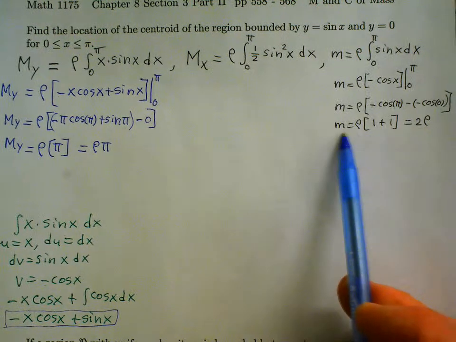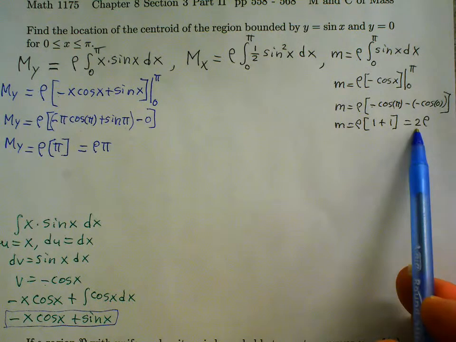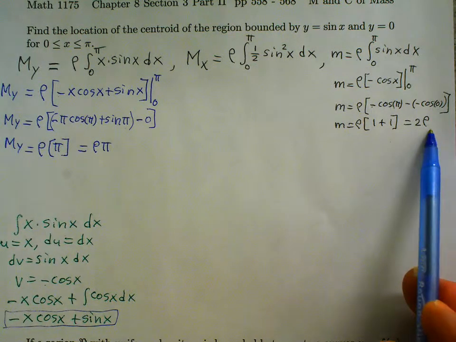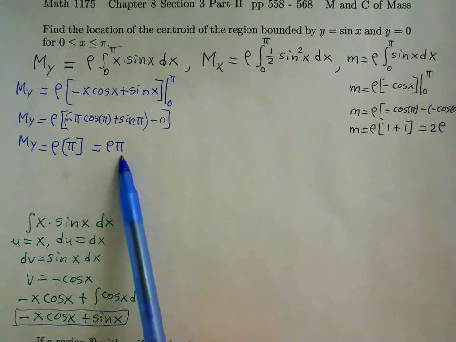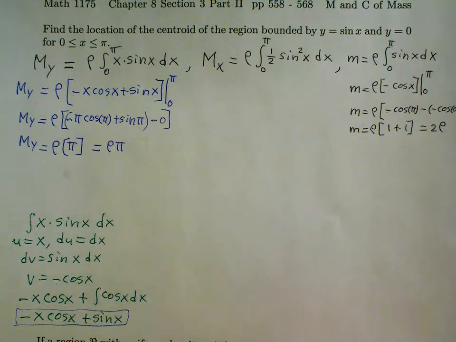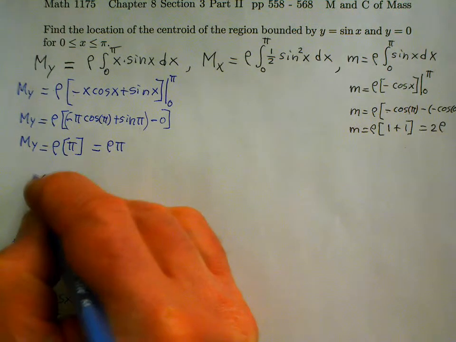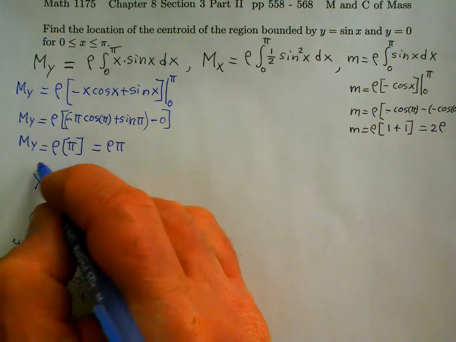Since we know the mass is 2 times rho, and we know that the moment about the y-axis is rho times pi, now we can say what the x-coordinate of the centroid is.